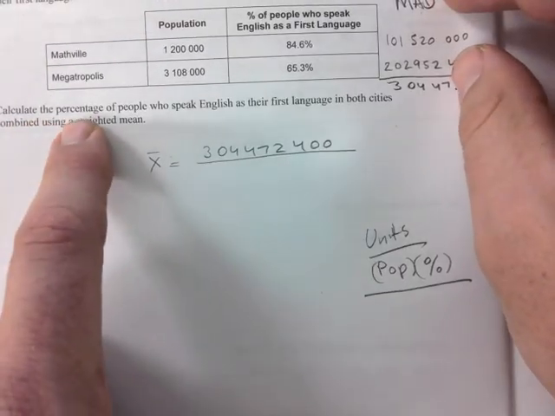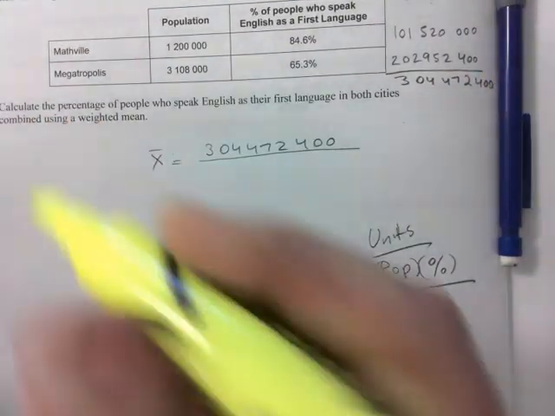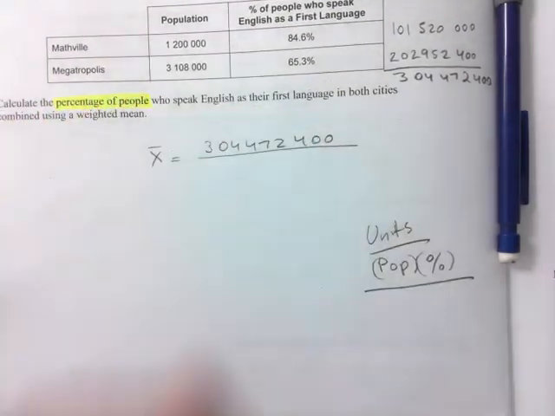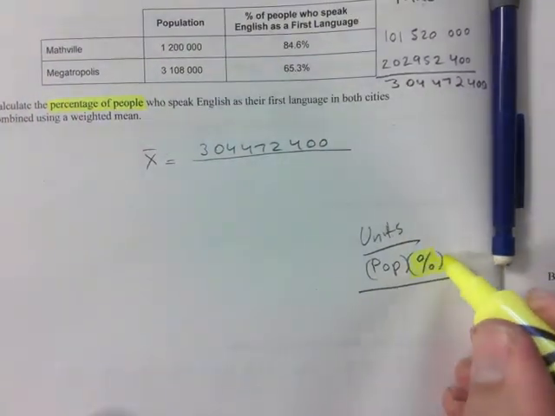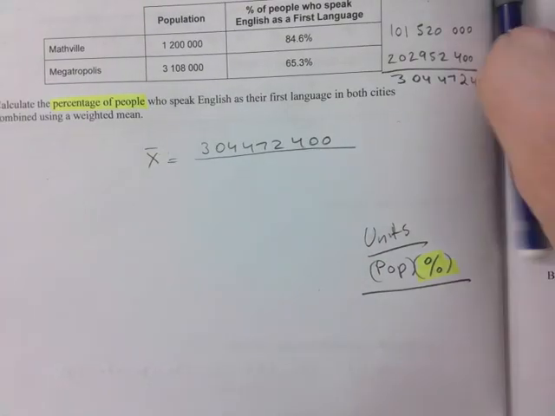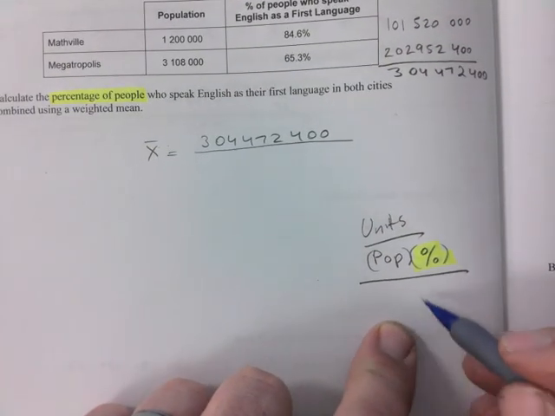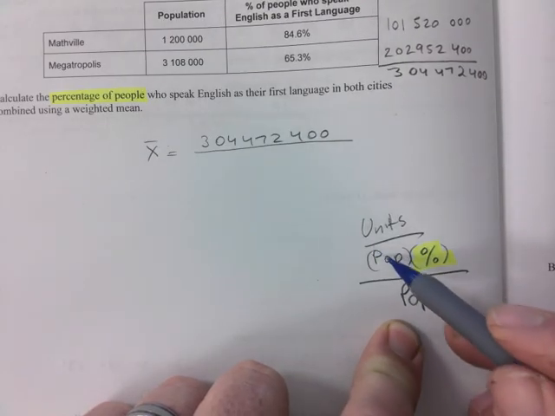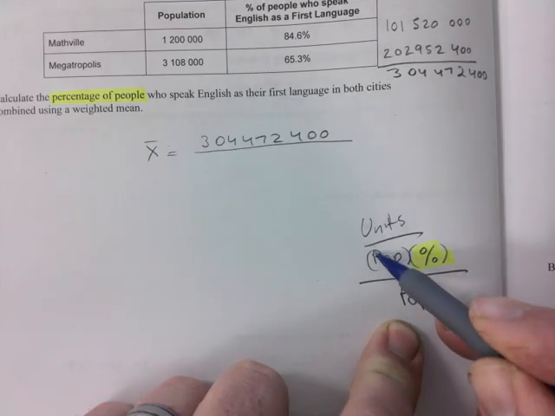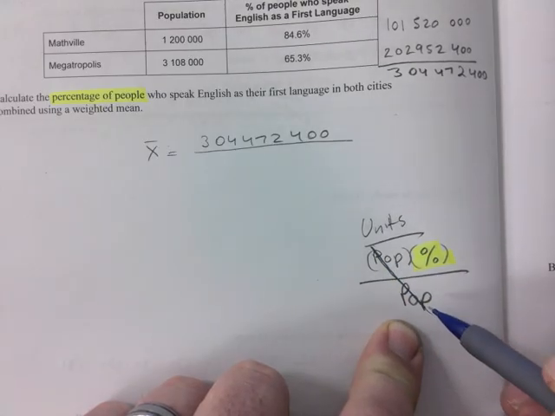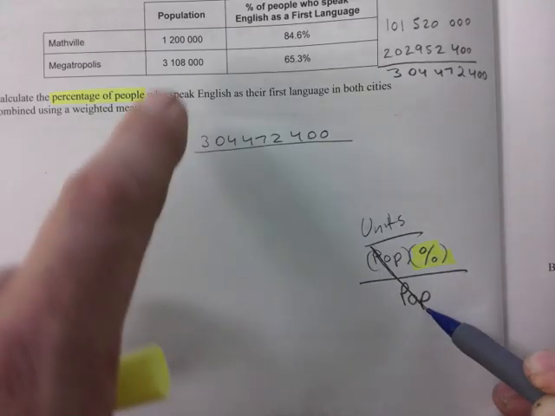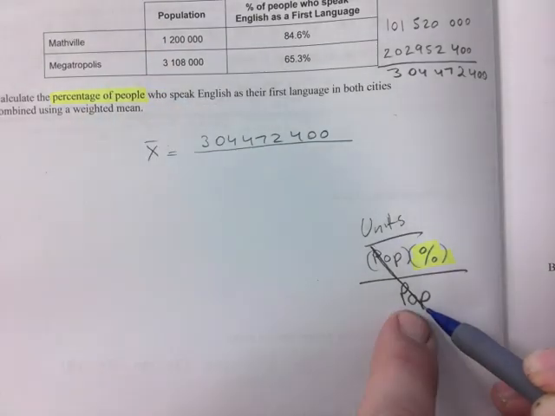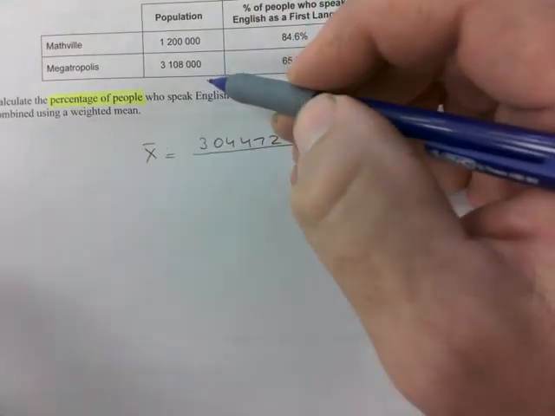Calculate the percentage of people. That's what they want. So what do we need to divide by to cancel out the population? 1.2 million plus 3.108 million. Yes, exactly. We need to figure out the total population here.